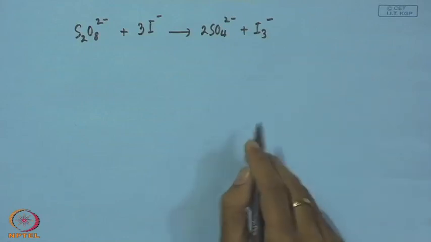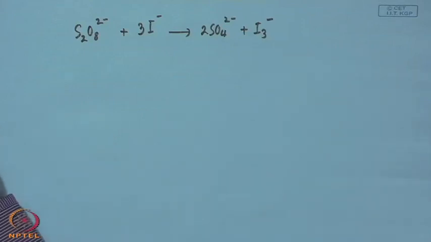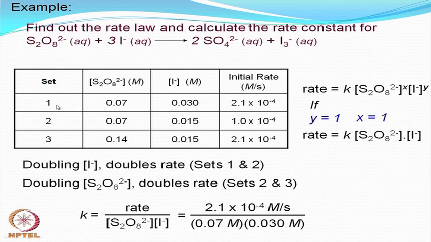So, if we look into the various sets, set 1 has persulfate at 0.07 molar and iodide at 0.03, and the initial rate is 2.1 into 10 to the power minus 4. For set 2 it is 0.07 for persulfate, 0.015 for iodide and 1 into 10 to the power minus 4 for the initial rate.